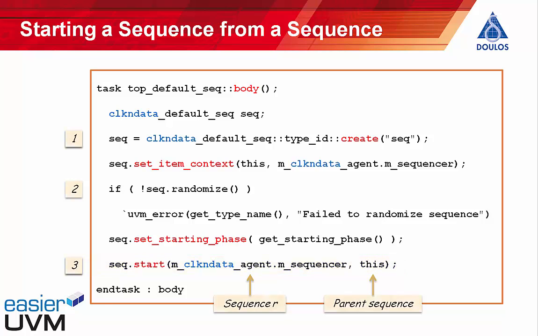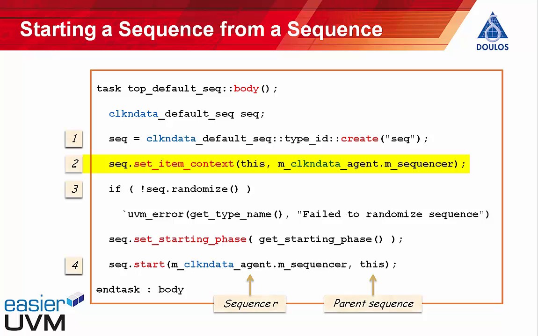If we're concerned with random stability, we might want to insert yet another step. So a more complete solution is to create our child sequence and then call set_item_context in order to set some context information for that sequence object for the sake of random stability. Generally, random stability is built into UVM in the sense that most objects in UVM get seeded based on the hierarchical path name of the object and the component within the UVM component hierarchy.